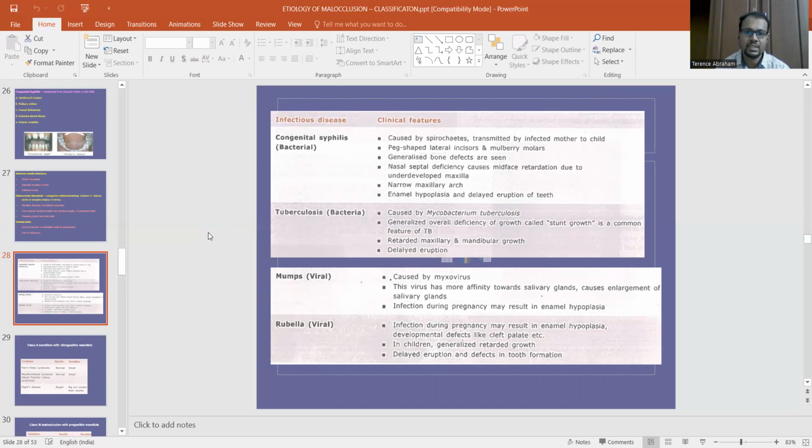These are the various features of the dental manifestation of TB. Mumps, caused by myxovirus, has its main effect on the enlargement of the salivary gland, but it can cause enamel hypoplasia in the fetus. Rubella infection, if the mother has a maternal rubella infection, can cause various abnormalities in the fetus, for example retarded growth, delayed eruption of the teeth, and enamel hypoplasia.